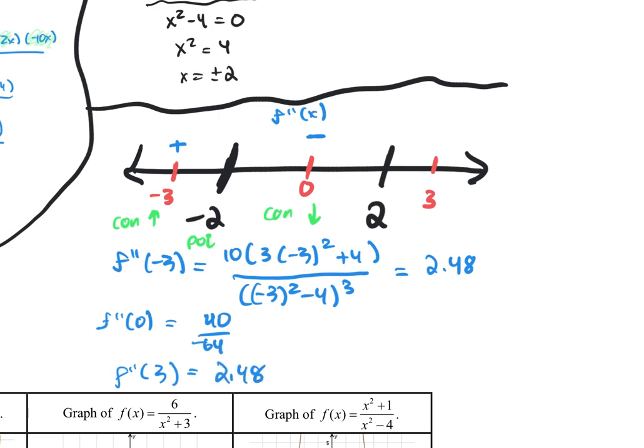I will point something out. Notice that the only difference between plugging in -3 and 3 is that -3 and 3 squared are the same, and here -3 and 3 cubed are the same. So it should make sense that when I change that -3 to a 3, I'm going to get the same value. And so that tells us that it is positive and that it is concave up.